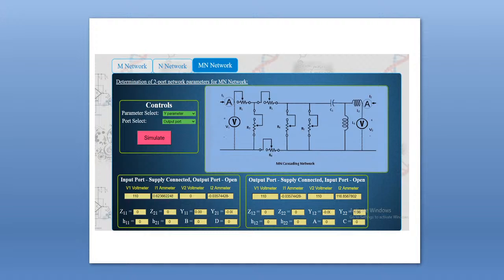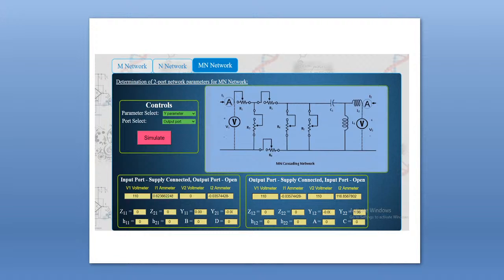You know that the unit of this parameter is mho and the unit of impedance parameter is ohm. So first write the values of the Z parameters and mention the unit as ohm, and write the values of the Y parameters and mention the unit mho.